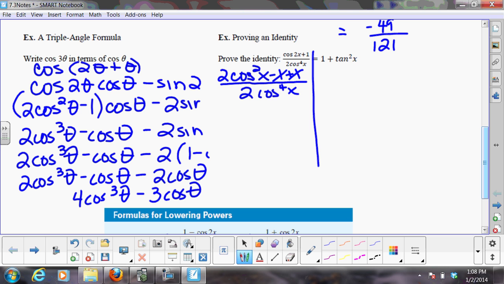So I'm left with 2 cosine squared x over 2 cosine to the 4th x. Our 2's will go away, so I'm left with cosine squared x over cosine to the 4th x. That can be reduced, so that's 1 over cosine squared x. 1 over cosine squared x is secant squared x, and secant squared x is 1 plus tan squared x. Another trig identity.